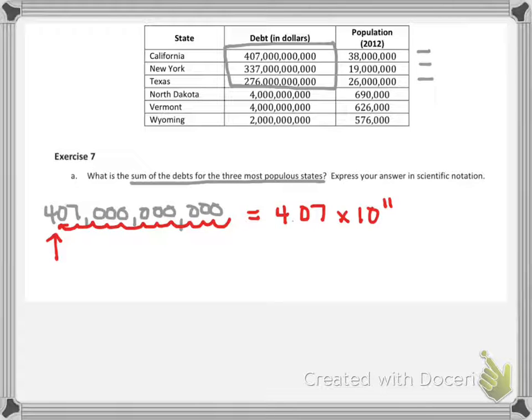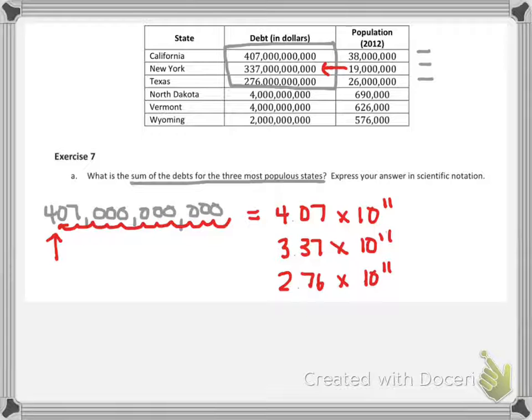We'll do the same with New York, moving the same number of decimal places because they have the same number of digits. So this is 3.37 times 10 to the 11th. And for Texas it will be 2.76 times 10 to the 11th, the same number of digits, so it'll be our same exponent.